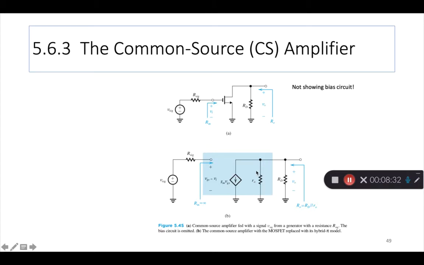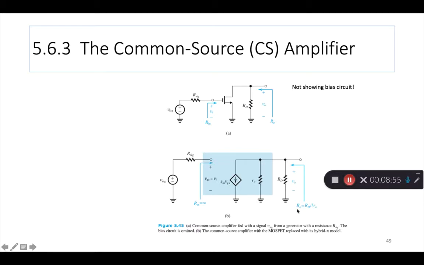Then you also have the RO, which is the output resistance. Sometimes the output resistance is neglected, but it depends on the Early effect. Sometimes it's included. And then you have the drain resistor, which is also shown in this circuit. You'll also have a load resistor sometimes.